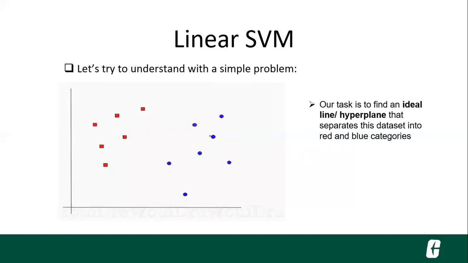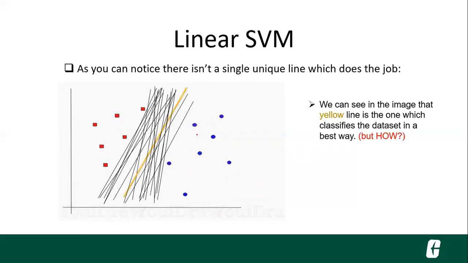Suppose we are given a data set of red rectangles and blue circles, and our task is to find an ideal line or hyperplane which can separate this data set into red and blue categories. As you can notice from the image, there can be an infinite number of lines which can do this job clearly.